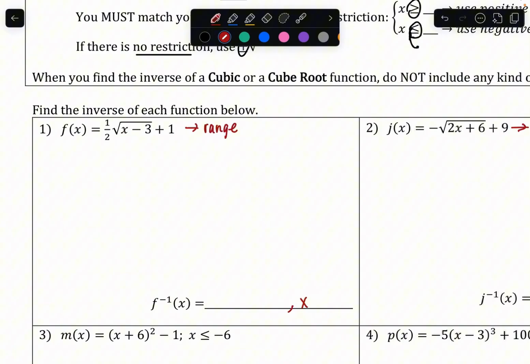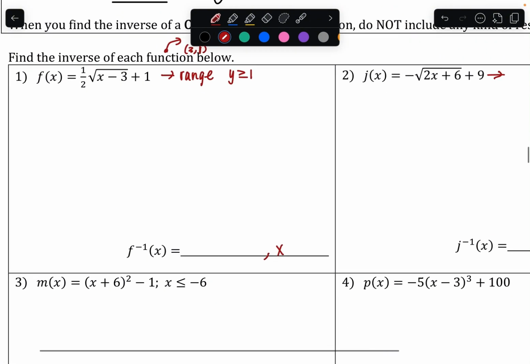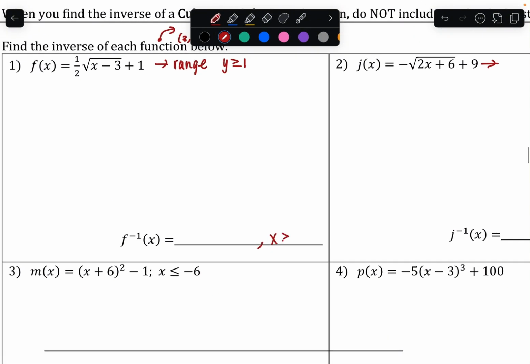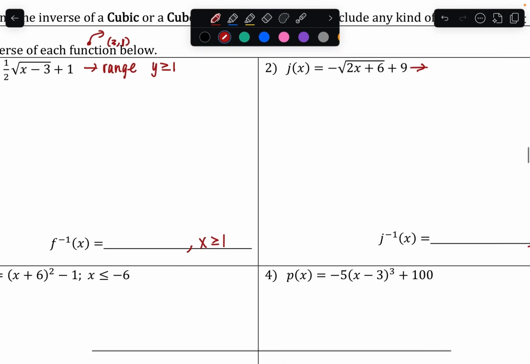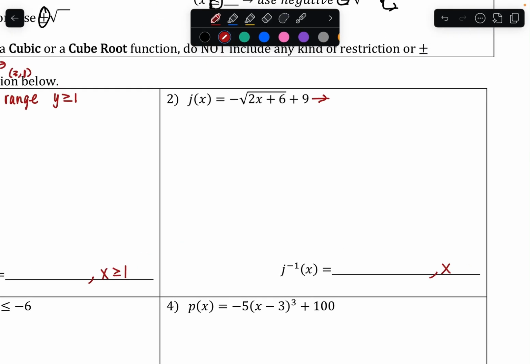So this is a square root function that's been moved right 3 up 1, and it's positive, so it's still upright. And so his range is greater than or equal to 1. That means my domain for my inverse must be greater than or equal to 1. For this other example, it has been moved up 9, but it is reflected.